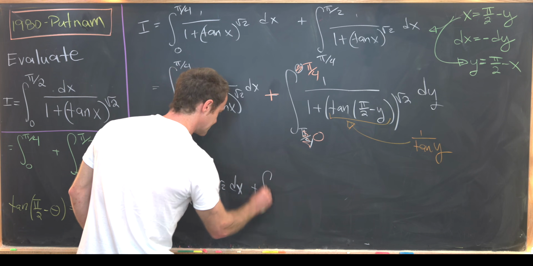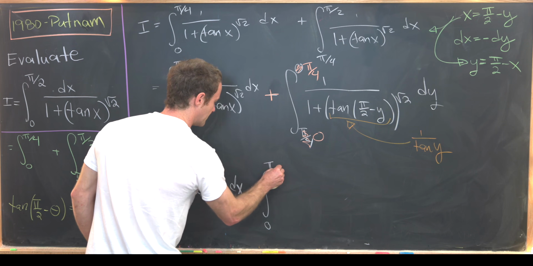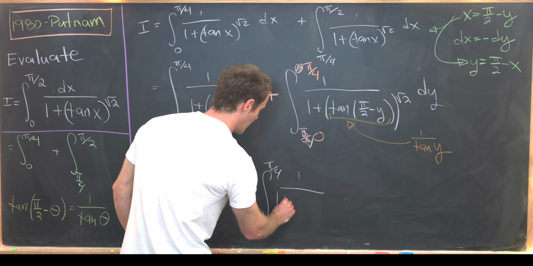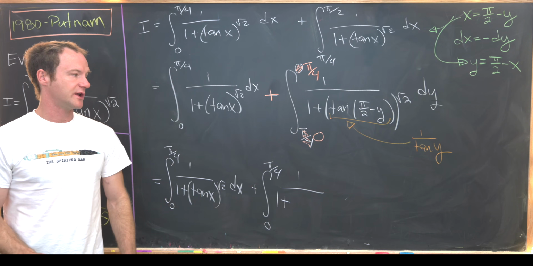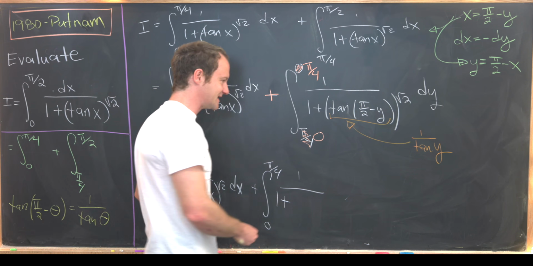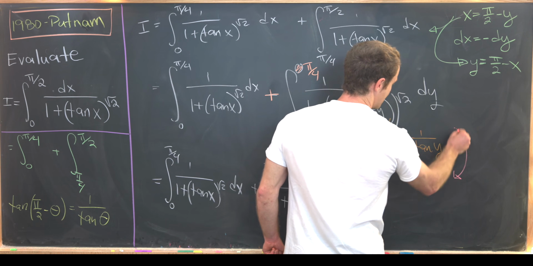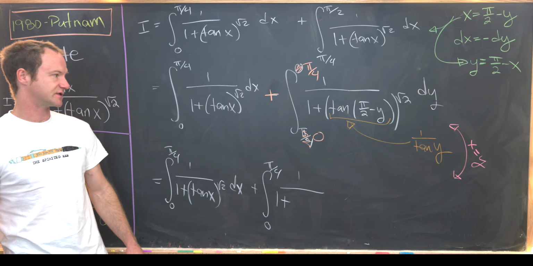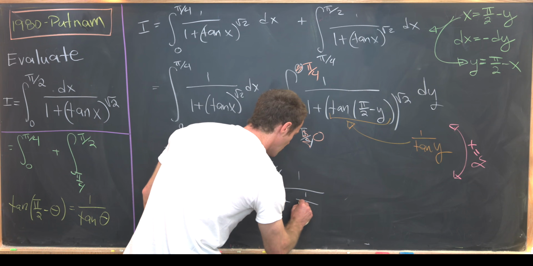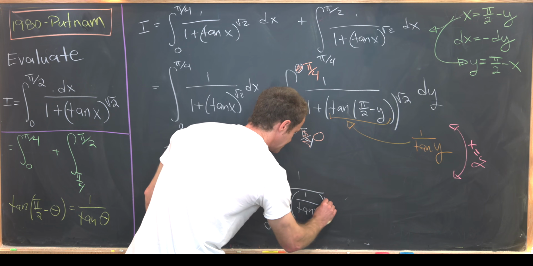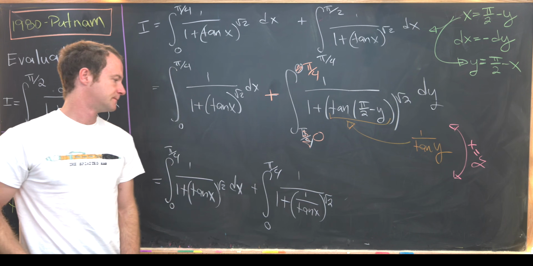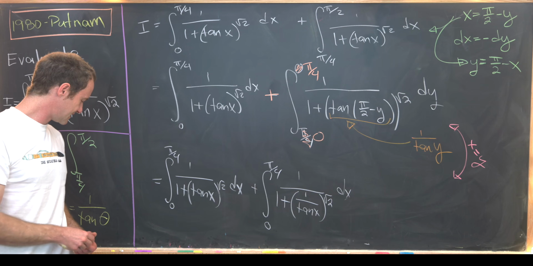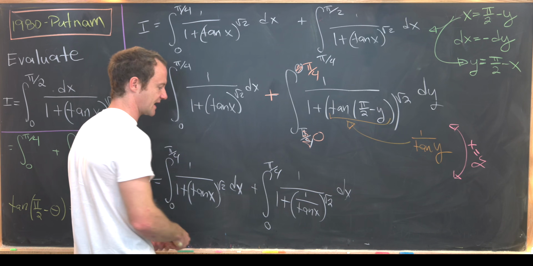And then that is added to the integral from 0 to pi over 4 of 1 over 1 plus, well, it's going to be 1 over tangent of y, but from this step to the next, I'll make the trivial substitution of x equals y just to make it look like this first integral. So I have 1 over tan x to the power of the square root of 2, and then that's going to be dx.